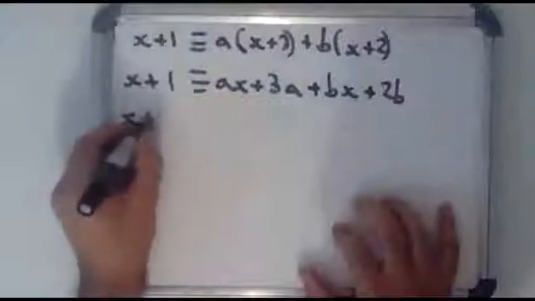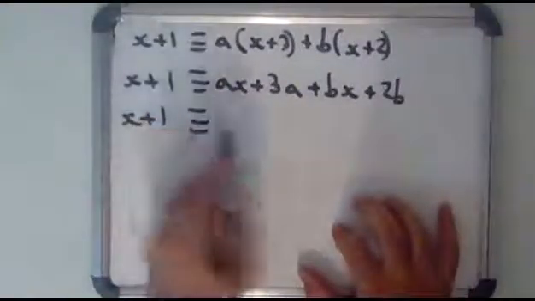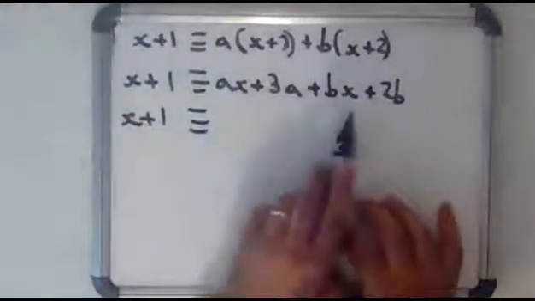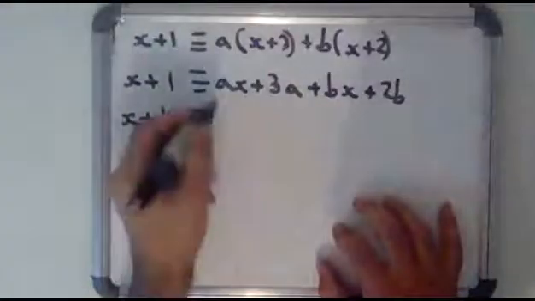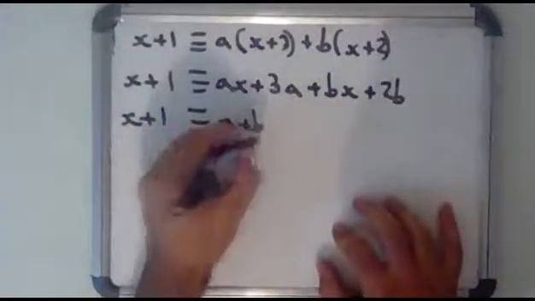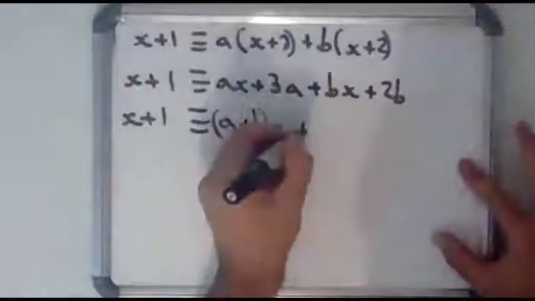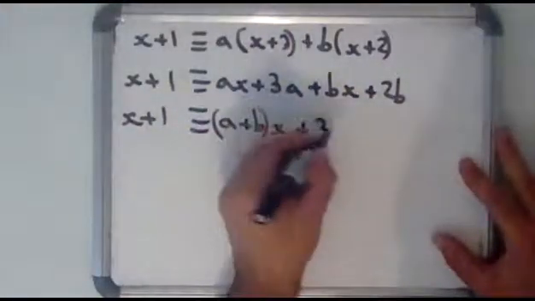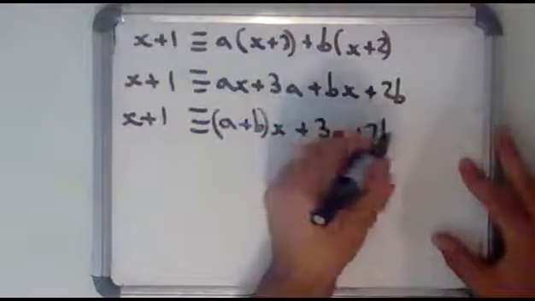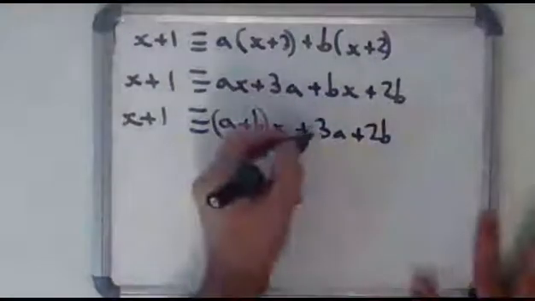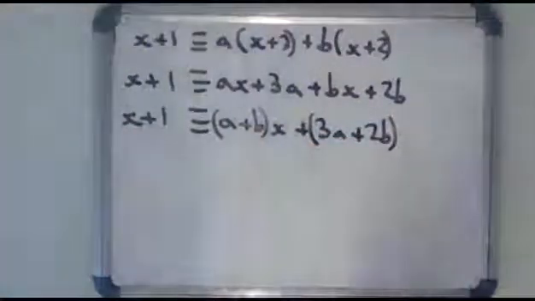So x + 1 is identical to, so the Ax, you've got Ax + Bx. Well, if you factorise that, that is (A + B)x, that's how many x's you've got, plus, and the constant term is (3A + 2B). I don't really need a bracket around there, but I'm going to put it just for effect.